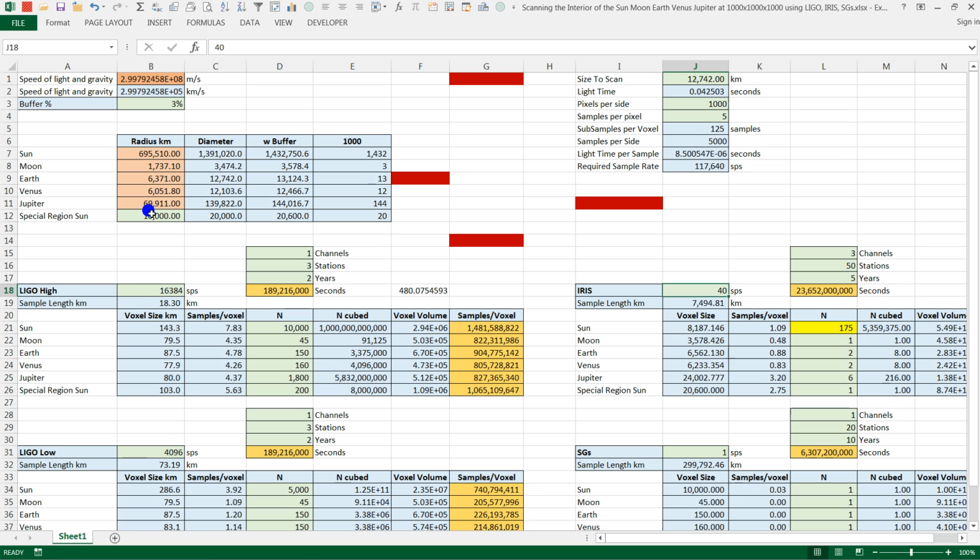The numbers are right. If you are sampling at 16,384, then there will be a pixel size, a resolution, of about 18 kilometers attached to that. And if you have something the size of the sun, it's going to be picking that up.